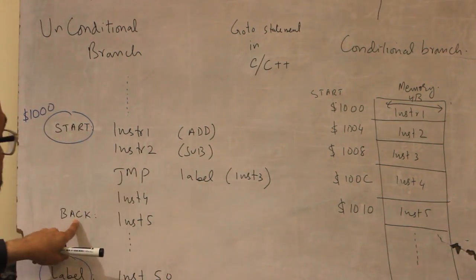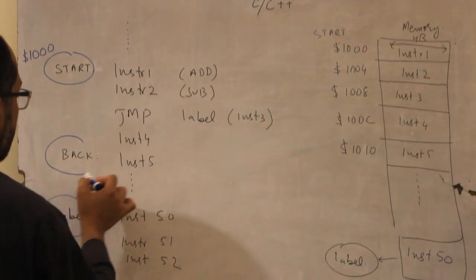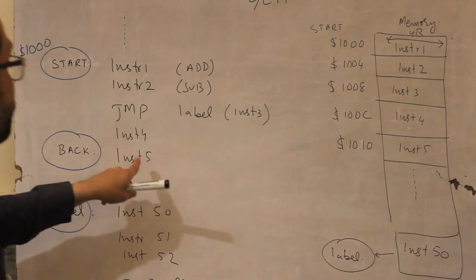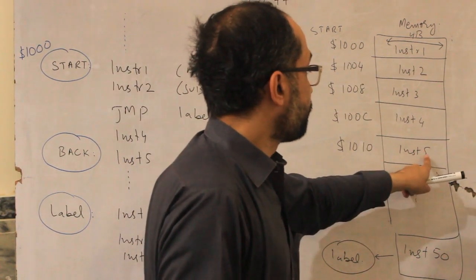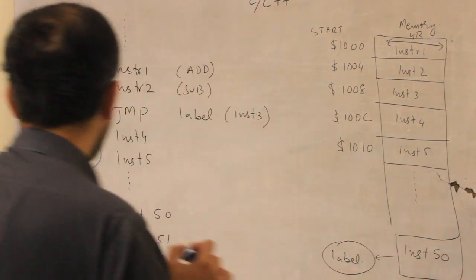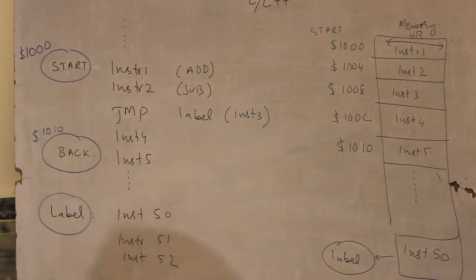Now if you look at this, back is also a label. This is the address of instruction 5. The address of instruction 5 is 1010, so this value will be $1010.